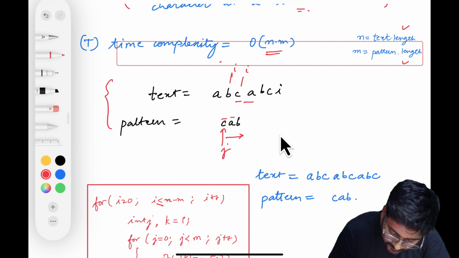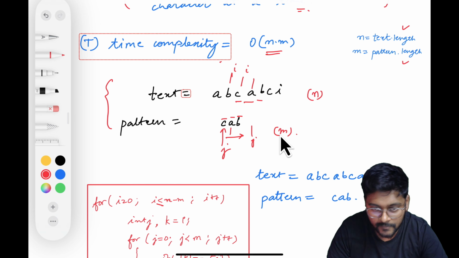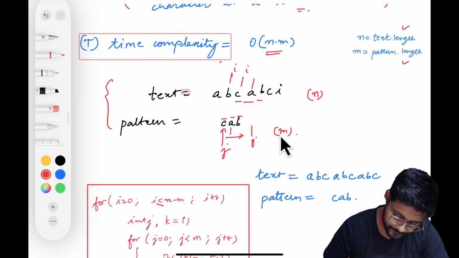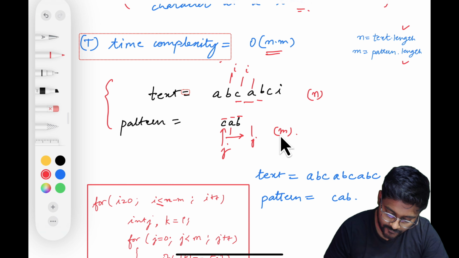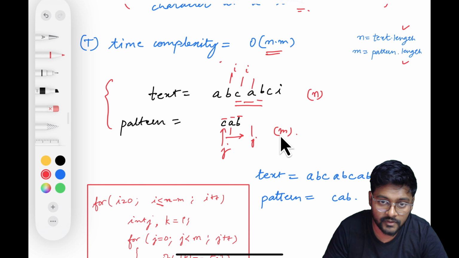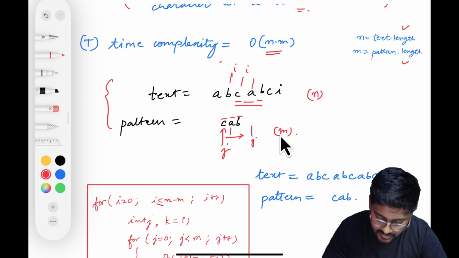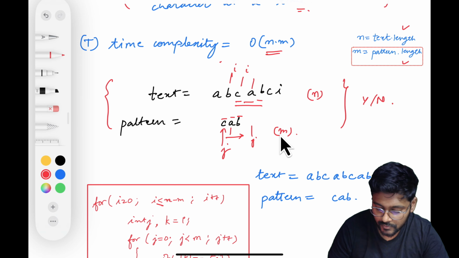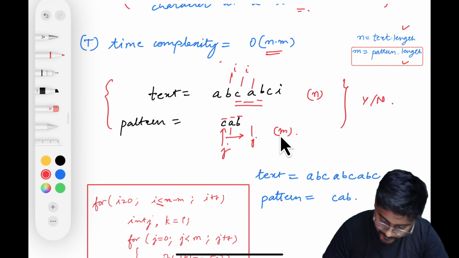Length of text was n, length of pattern was m, and while matching, if the characters keep on matching, we just increment the I pointer and J pointer, and if the J pointer becomes equal to pattern.length, it means we have found the pattern at this position. If you have found the pattern, then you can just return whatever is requested. Let's say in this example, whether the pattern is present or not, yes or no. So you can return a boolean accordingly.